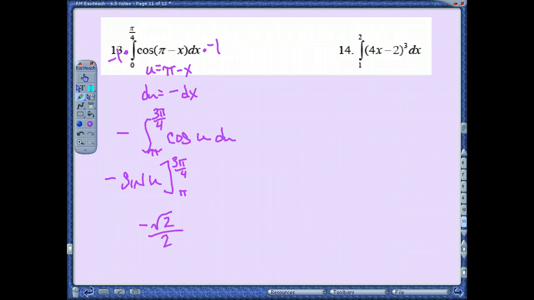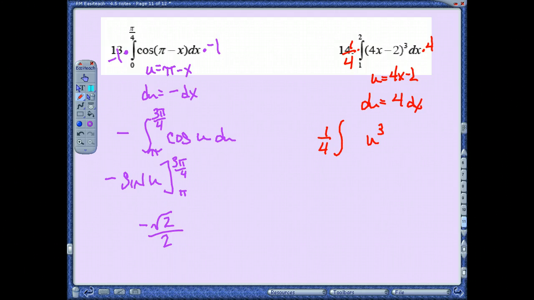Okay, so let's look at number 14 here. u is going to equal that 4x minus 2. My du is going to be 4 dx. I don't have the 4 that I need, so I'm going to multiply by 4, but then multiply by 1/4. I have to get that proper du.